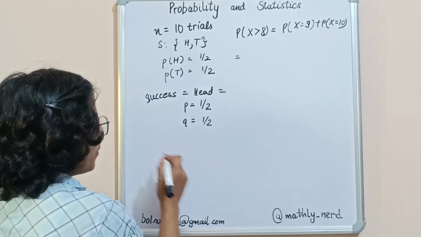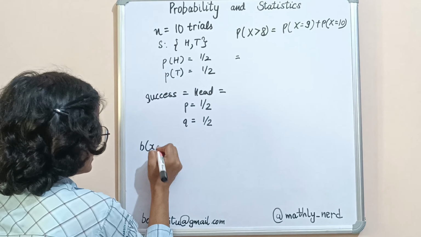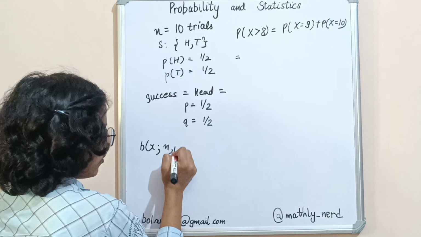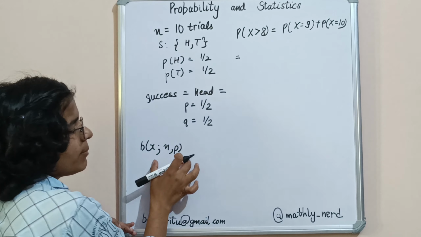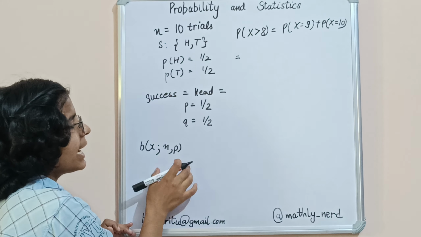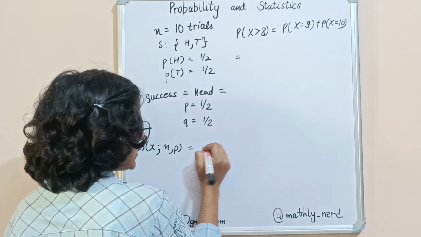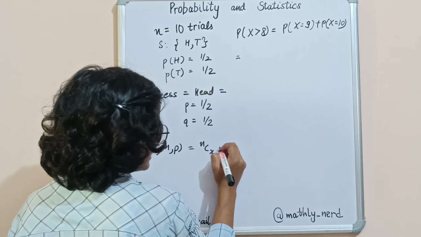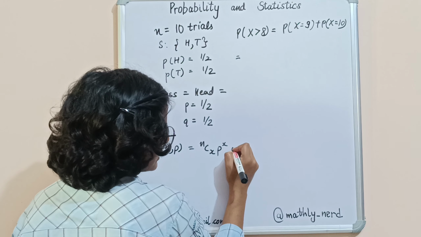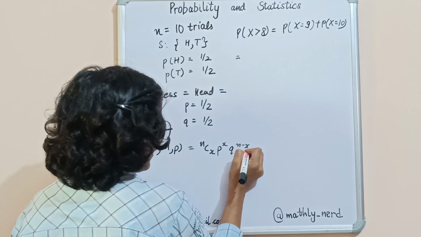And as we know, b of x semicolon n comma p is probability of getting x success in n number of trials equals to nCx p to the power x q raised to power n minus x.